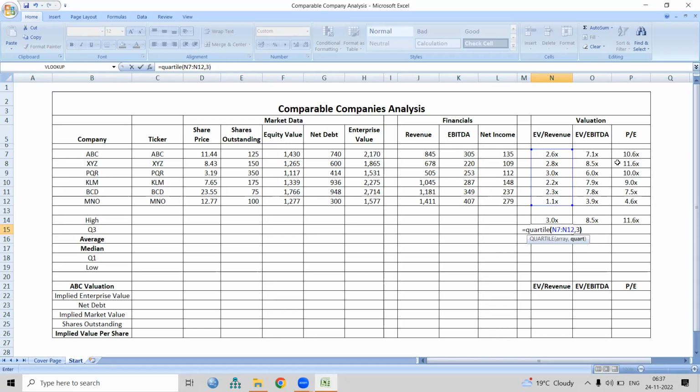Close the parenthesis, enter. So if you arrange this data in chronological order, the value of Q3 is 2.766. Let's drag it to the other side. So we have got quartile division 3.